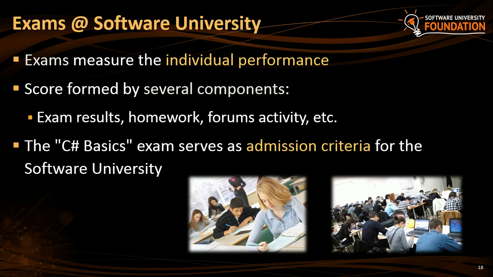We use a scoring system in all of our courses at the Software University. This is a system based on several evaluation components: exam results, homeworks, forum activity. Later we'll add things like teamwork. You will not have teamwork in this course. We'll add this later. Things like presence in class with an access card at the front of the training club.